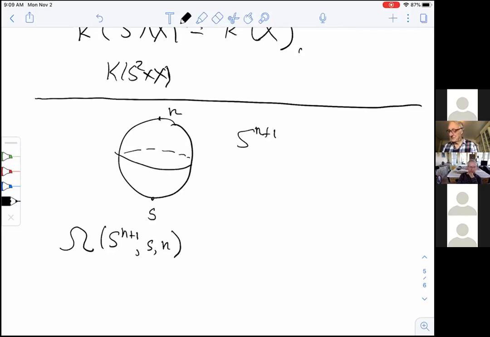Okay. So what are the critical points? Well, critical points, of course, we already know, are geodesics. And we know what geodesics on the sphere look like. They look like great circular arcs.